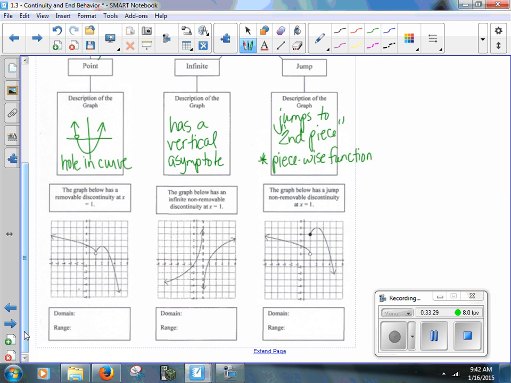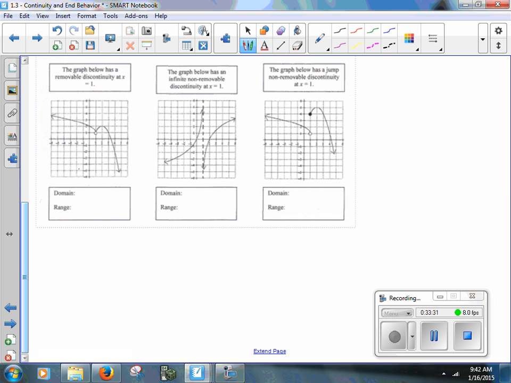I put parentheses, negative infinity, 1, and then parentheses, union, 1, positive infinity. Positive infinity, right. How many of you had that? That's perfect. Good. Everybody have domain?